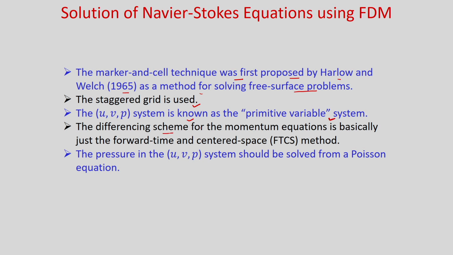The differencing scheme for the momentum equations is basically just the forward time and centered space FTCS method, for both convection terms and diffusion terms. The pressure in the UVP system should be solved from a Poisson equation, which we derive from the continuity equation.